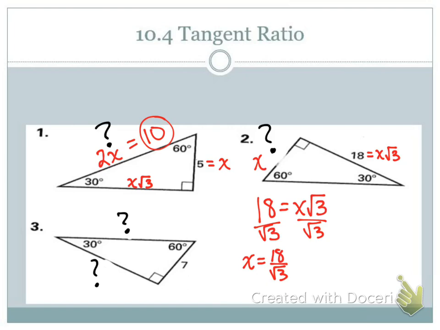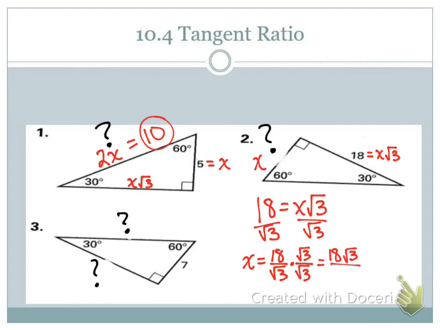Can we leave it like that? No. What needs to change? The denominator. We cannot have a radical in the denominator. So we're going to multiply the top and the bottom by that radical 3. For now, in my numerator, I just have 18 radical 3.